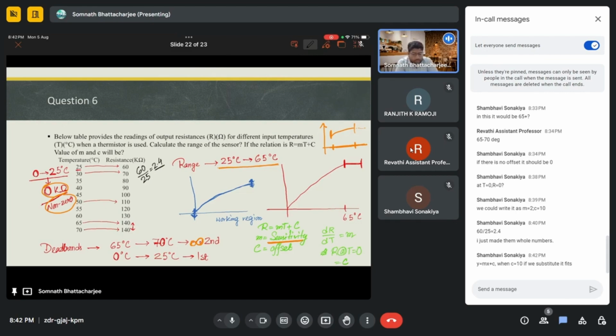If we are thinking of this as a straight line, because it is anyways R equals mt plus c, we can write it as mx plus c. So if c is the offset value, c should be 10 if m equals 2. But why m equals 2? Then if m is 2.4, then we have to put the value there, right? 2.4 into x plus c.